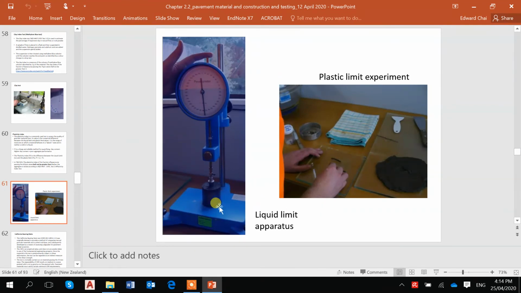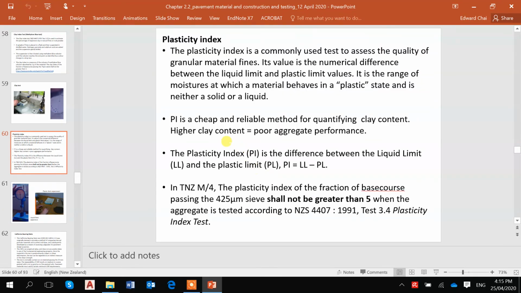And this one is the liquid limit apparatus. You check the two, they give you two readings, and the plasticity index is just the difference between the two.